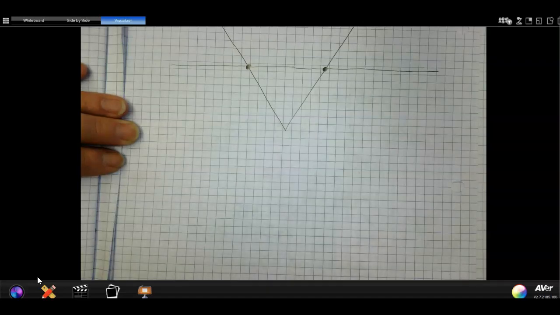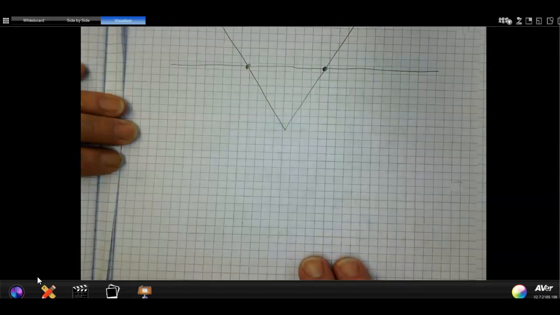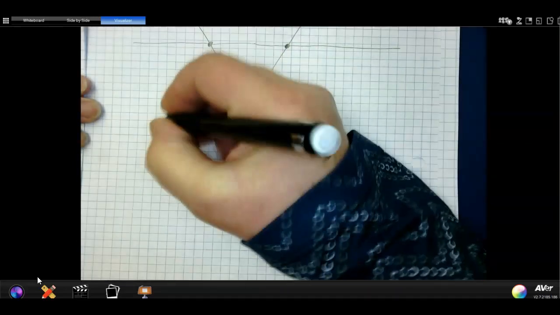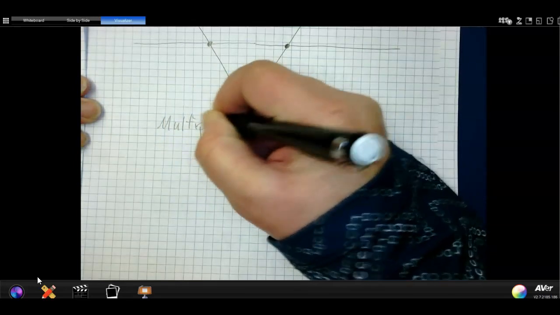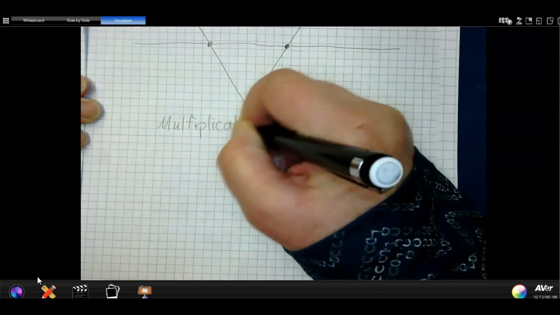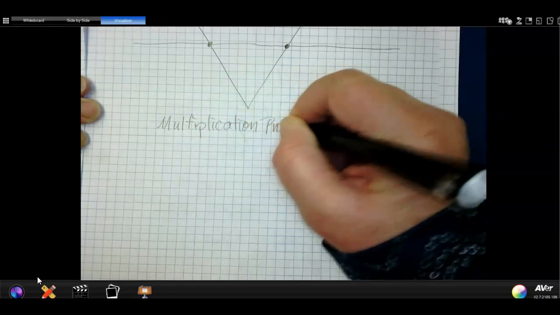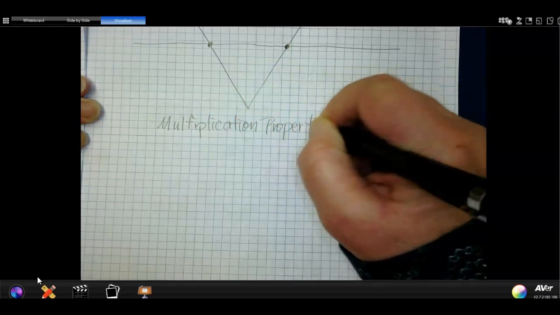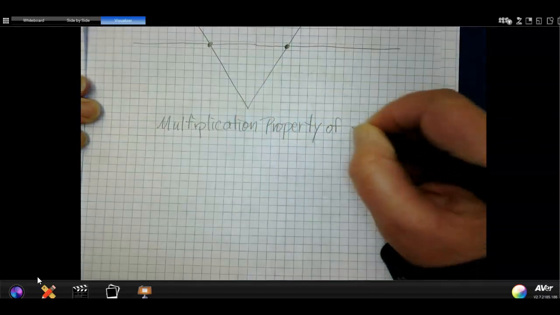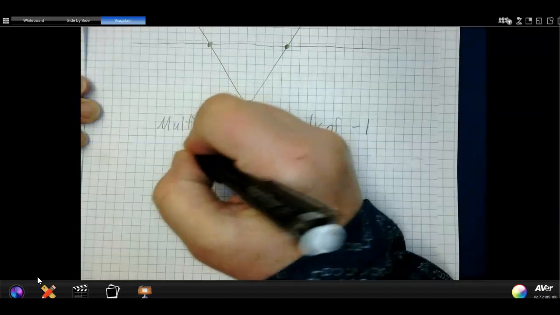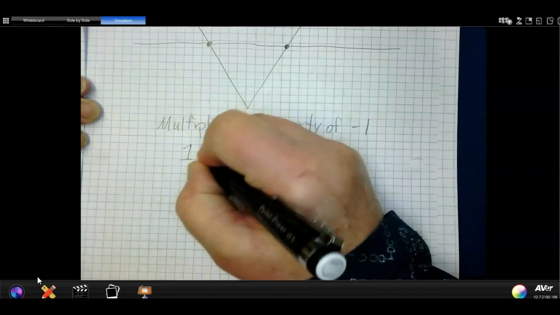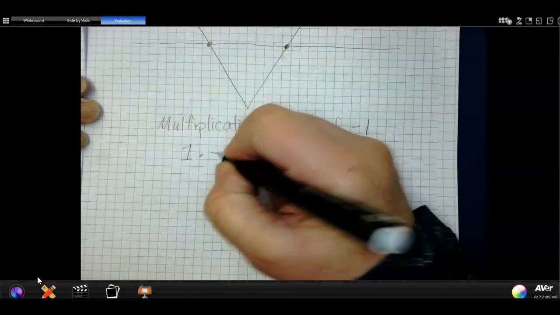So why is that? I'm going to illustrate right here. It is because of the multiplication property of -1. Okay, so what do I mean by that? Well, what happens when I have a positive number and I multiply it by -1?